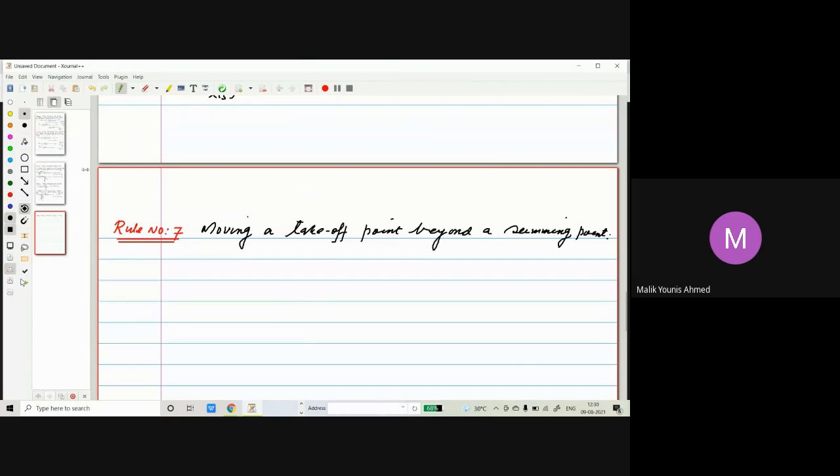So this is what the rule says. Let's see how we can do this. Now, what's the explanation of this rule?